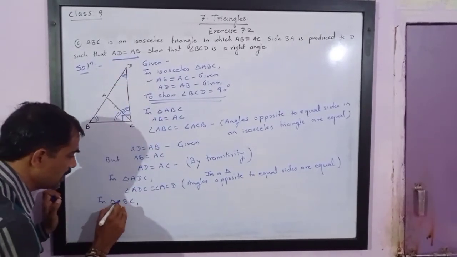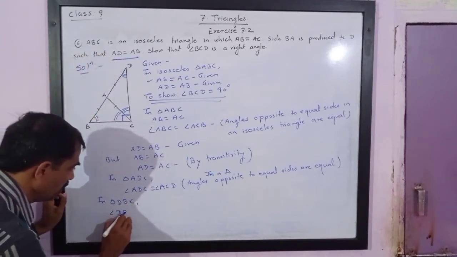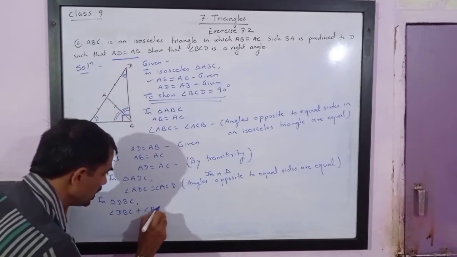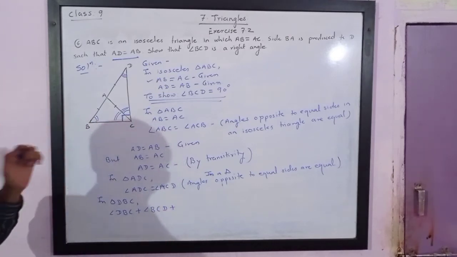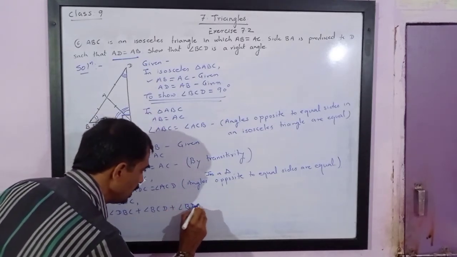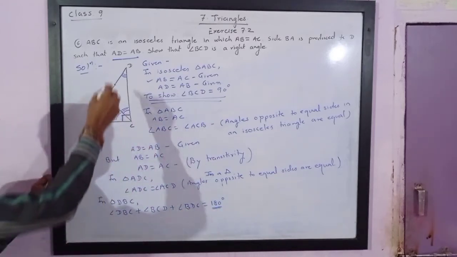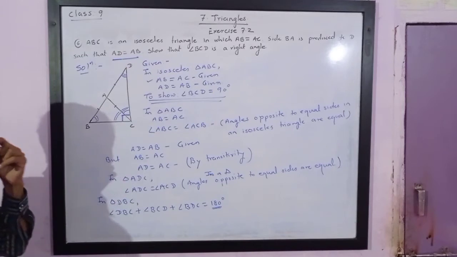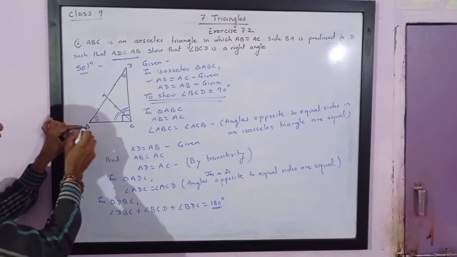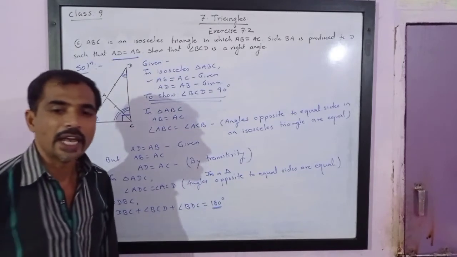In triangle DBC, angle DBC plus angle BCD plus angle BDC is equal to 180 degrees. We have already studied this: the sum of interior angles of a triangle is always 180 degrees. So if you add all three angles of triangle DBC, the sum of these three interior angles must be 180 degrees.